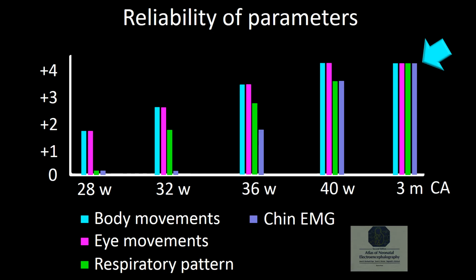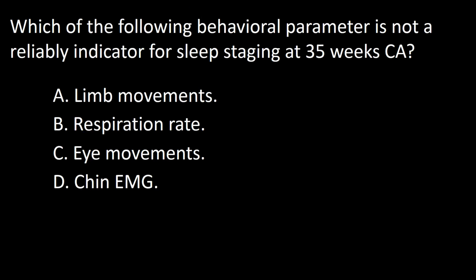That is reached by all parameters at 3 months conceptual age. From this chart, it appears that at 28 weeks or at any age, body and eye movements are the most reliable indicators of behavior, and Chin EMG is the worst. So the answer to this question is D.